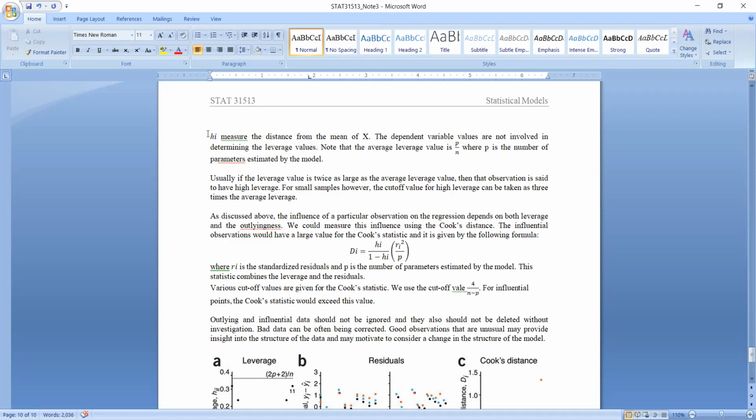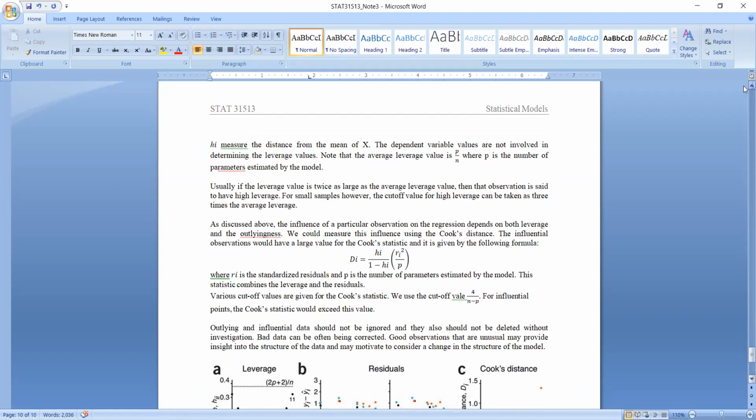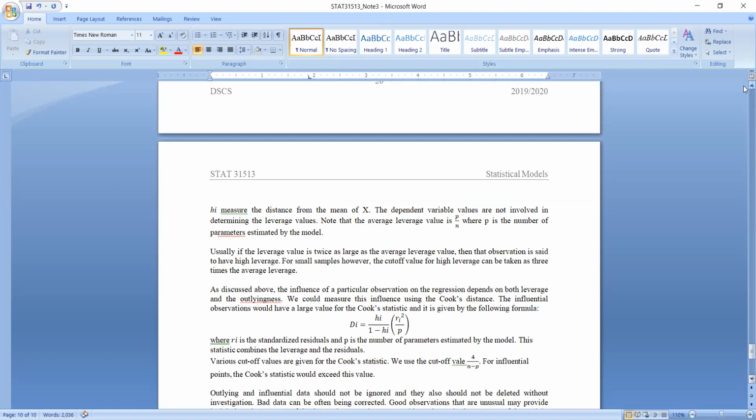Actually, this leverage value hi measures the distance of the observation from the mean of X, right? And if you want to take the average of these leverage values, we can easily calculate it as p over n, where p is the number of parameters.